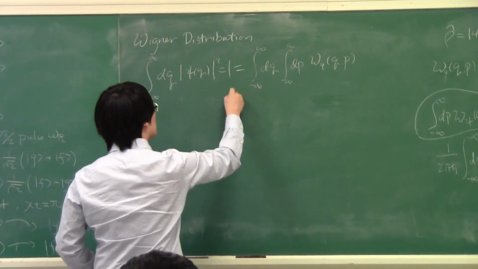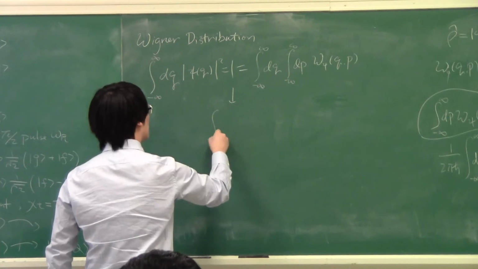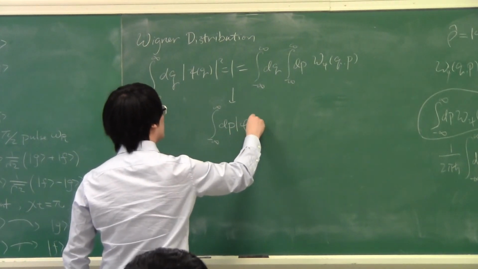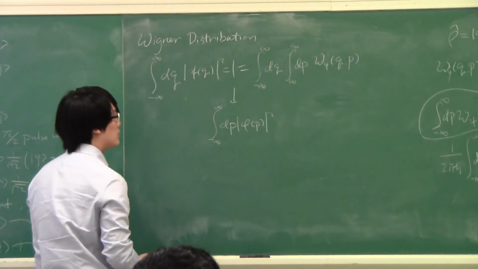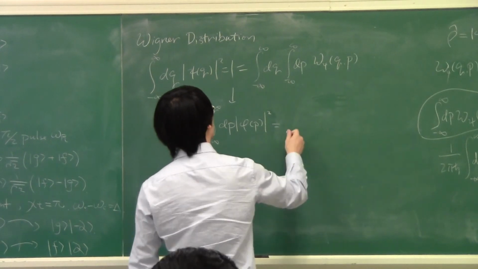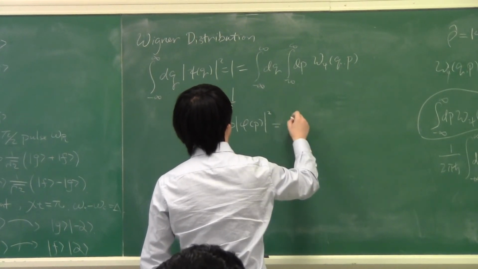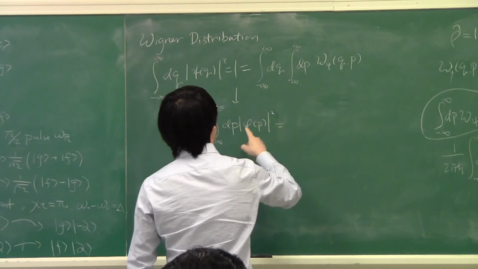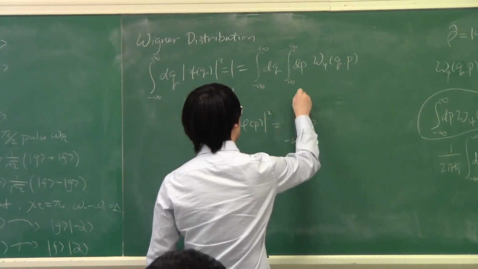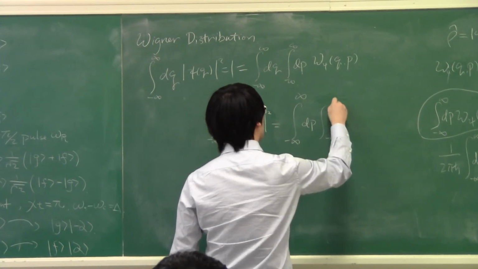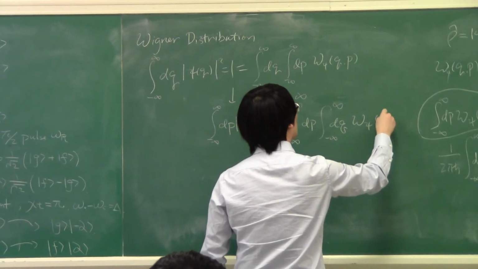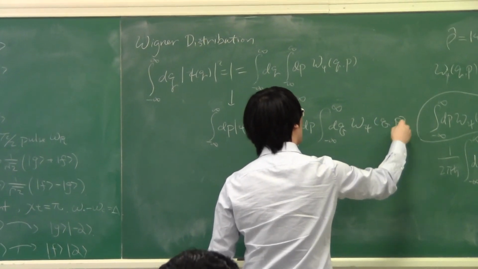So if I turn this 1 into this, the integral of phi of p squared, it must mean that the integral dp from minus infinity to infinity of dq of the Wigner function matches.